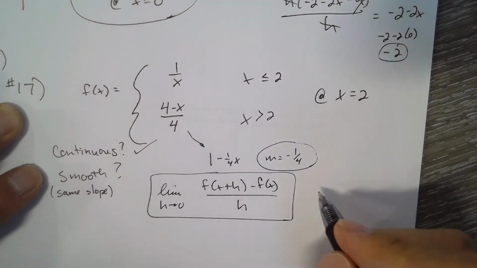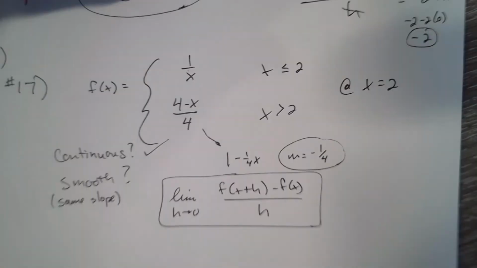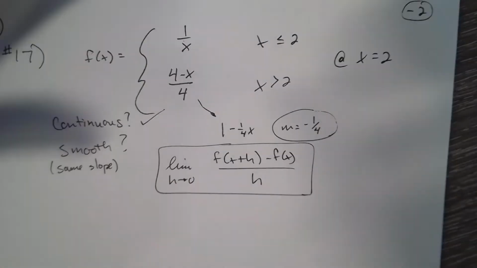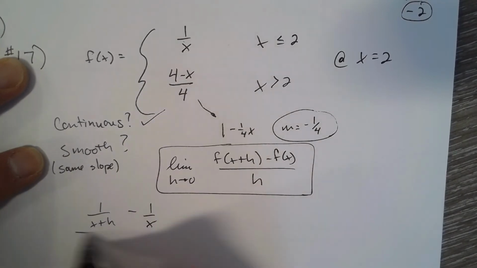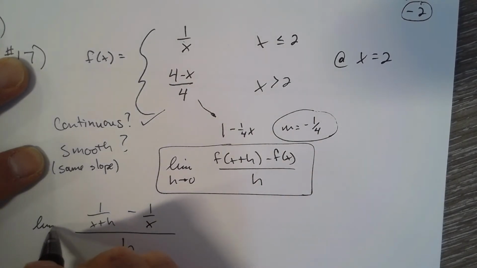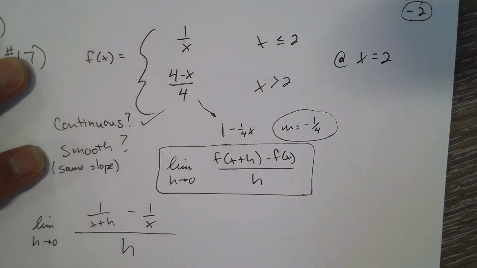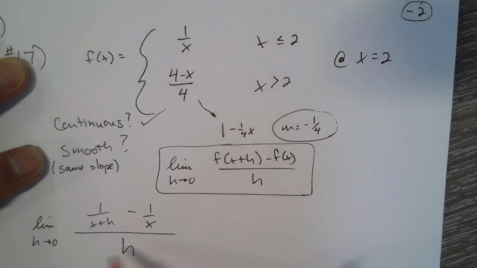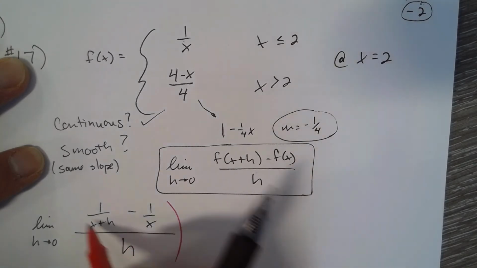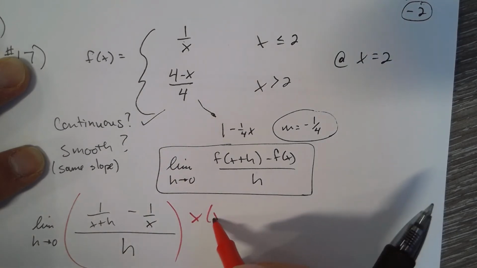So for 1 over x, I have 1 over x plus h minus 1 over x, over h, as h goes to 0. Alright, so we have small fractions, 2 of them inside of one big fraction, so I'm going to multiply the top and bottom by the common denominator of these two fractions, which is x times x plus h.